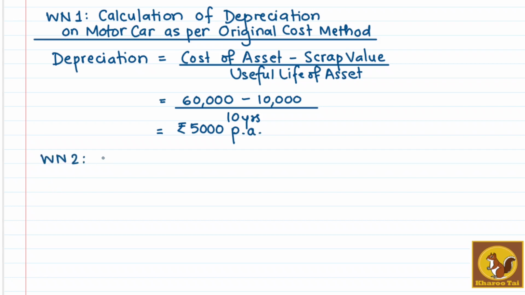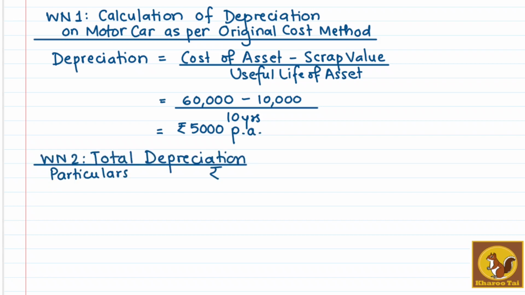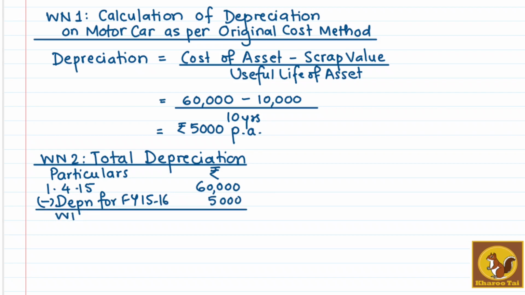So what will be the total depreciation? Particulars, rupees. The asset was purchased on 1st April 2015 and the cost of asset is 60,000. Since this is the straight line method, every year the depreciation amount will be the same as it is used for the whole year. Less depreciation for FY 15-16, 5,000. WDV as on 31/3/16 is 55,000.